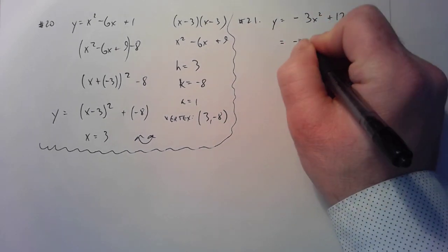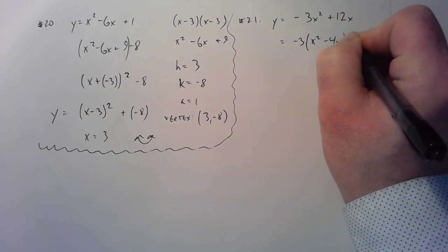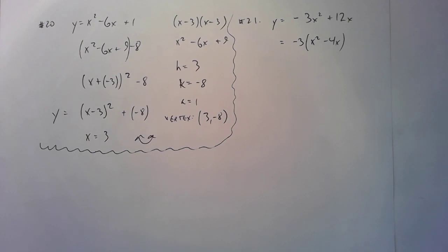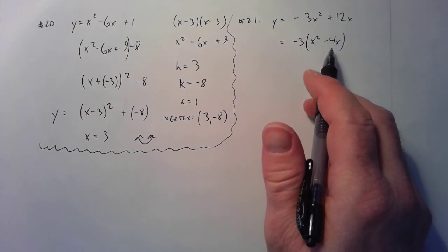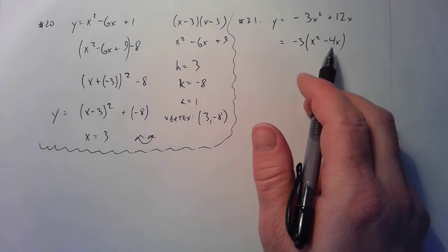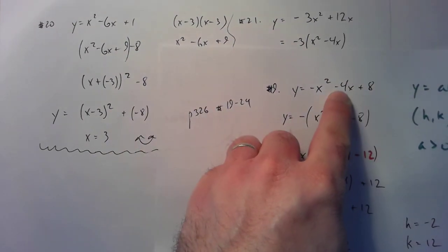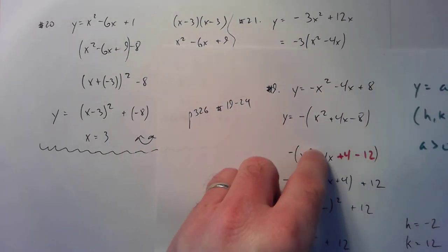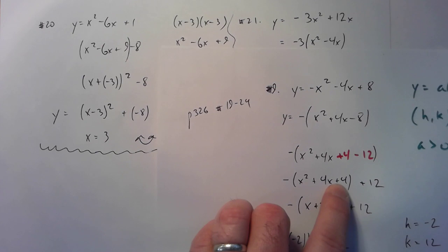Actually, a negative 3. That complicates things having 3s on there, because now I can just focus on what's half of negative 4. This is a lot like number 19, actually, where we had a minus 4x, and we needed it to be x plus 2, except (x plus 2) squared has a plus 4 in it.